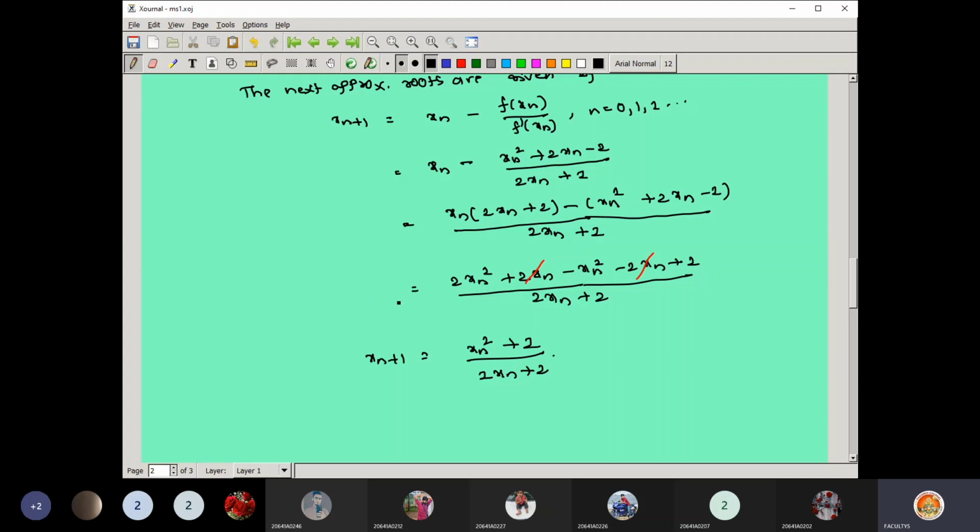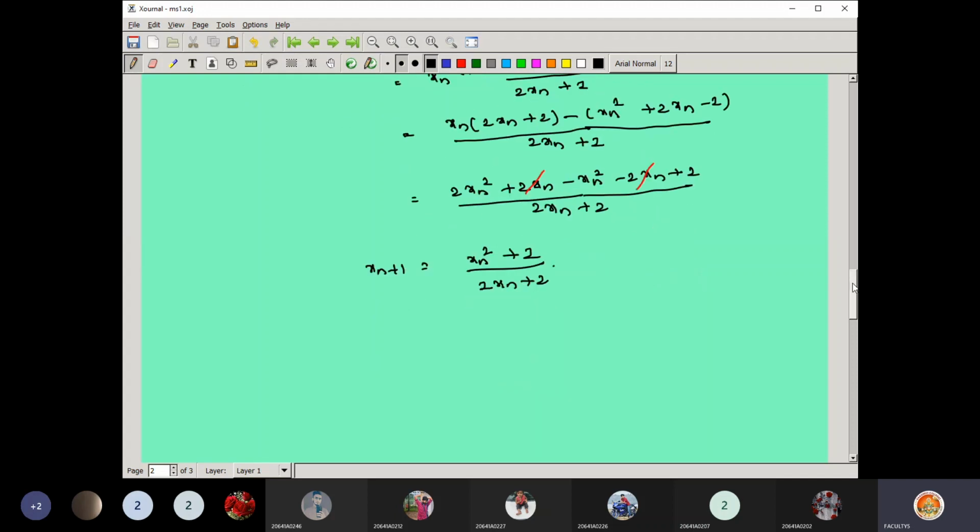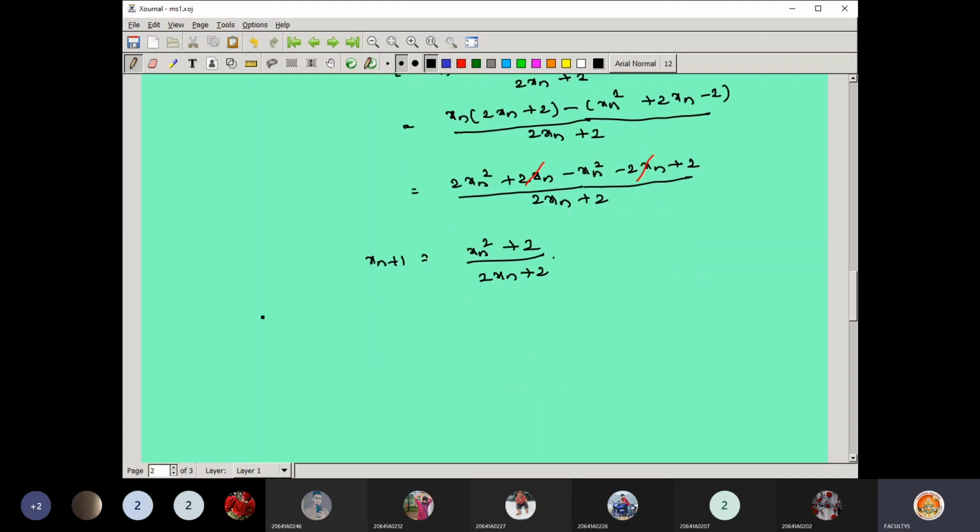Here you are substituting n equal to 0. So what will be the values you are getting? For n equal to 0, directly in the formula, x1 is equal to x0 square plus 2 divided by 2 x0 plus 2. So x0 is 0.5, square, plus 2, total divided by 2 into 0.5 plus 2. Now again you can use your calculator.